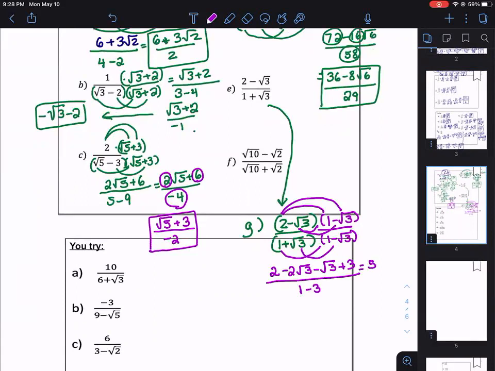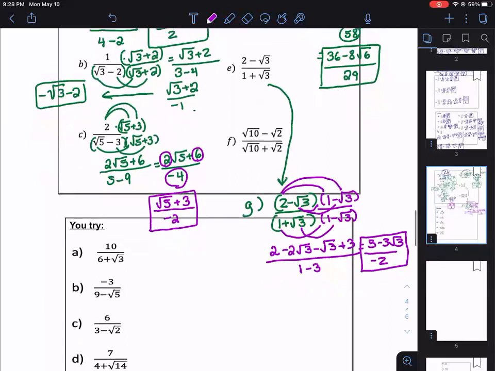The negative 2 radical 3 minus a radical 3 will give me negative 3 radical 3. I should really make that neater. So minus 3 radical 3. And in the denominator, we have a negative 2. 5, 3, and negative 2 have nothing in common. So you would leave it as is.